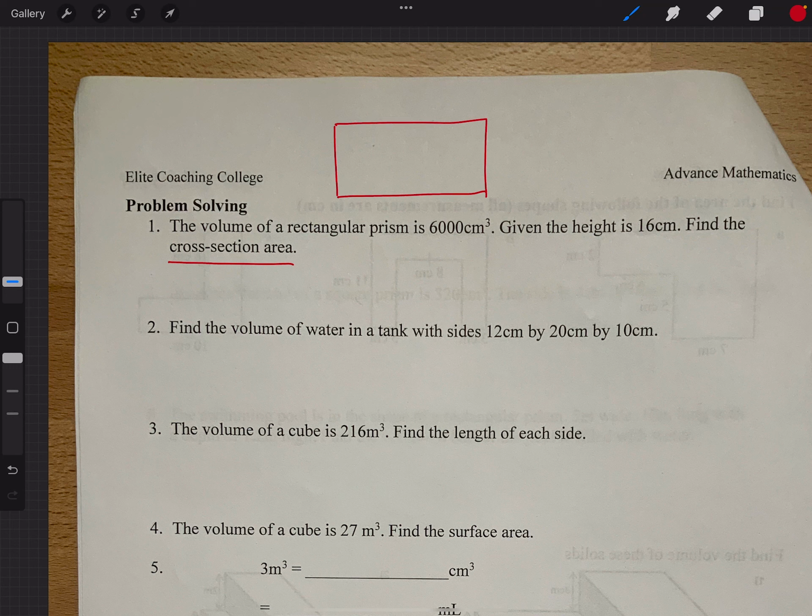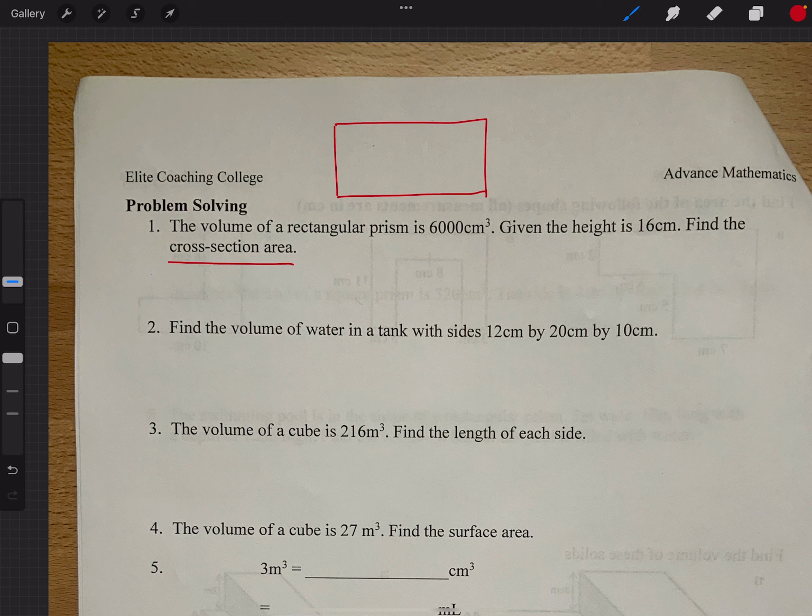So the volume is always cross-section area times either the height or the length or the width, whichever way we're stacking. In this case it is the height. If we stack that rectangle at the bottom 16 centimeters high, we're going to get the volume. So the volume is cross-section area times the height, which is 16.